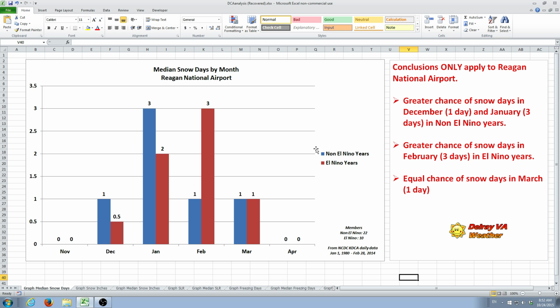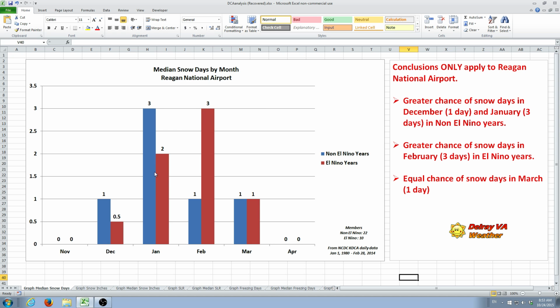So what we have here is a greater number of snow days in January, and as a result, again, it confirms that we get the peak for non-El Nino years in January. There's a greater chance of snow in February, as you can see, in El Nino years.